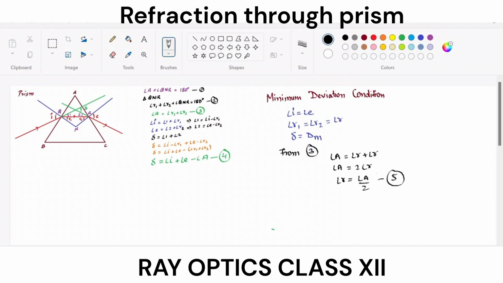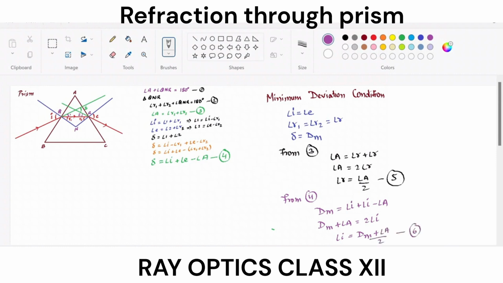And if I substitute this in our equation 4, delta will become Dm. I and E both are equal, so angle I plus angle I minus angle A. So I can write it as Dm plus angle A is equals to twice of angle I, or we can write it as angle I is equals to Dm plus angle A whole divided by 2. This is our equation number 6.